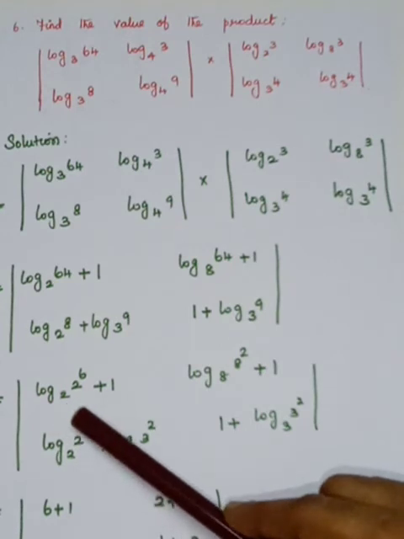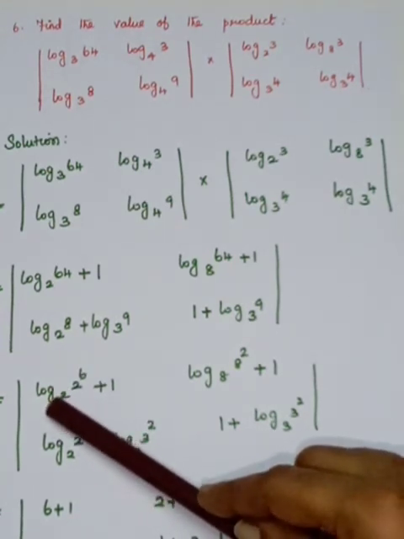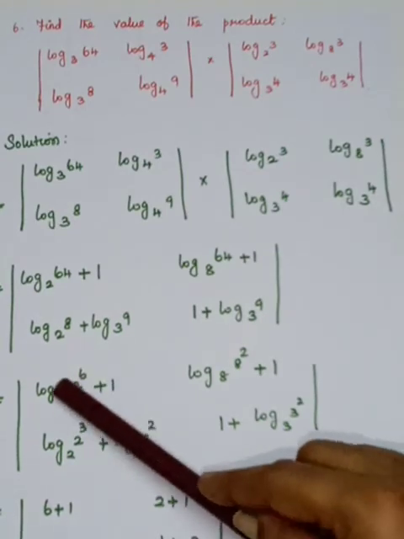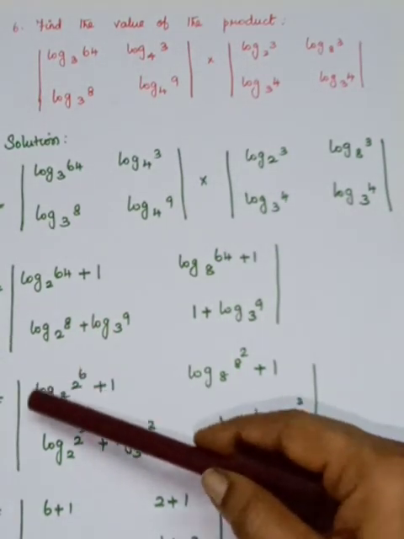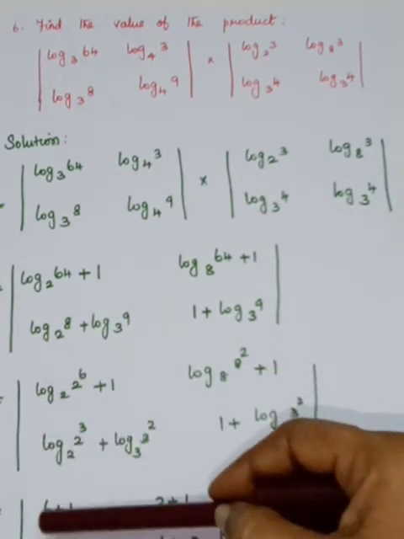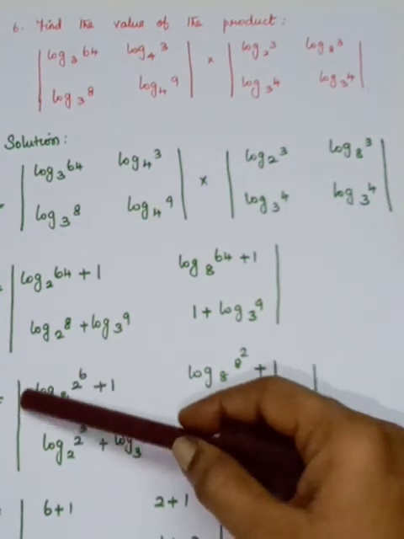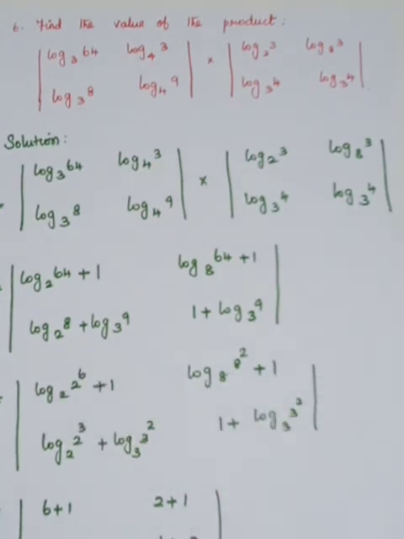So in logarithms, log a power m to any base can be written as m log a. So therefore the 6 will come to the front, and here you will have log 2 to the base 2. Log 2 to the base 2 is 1.